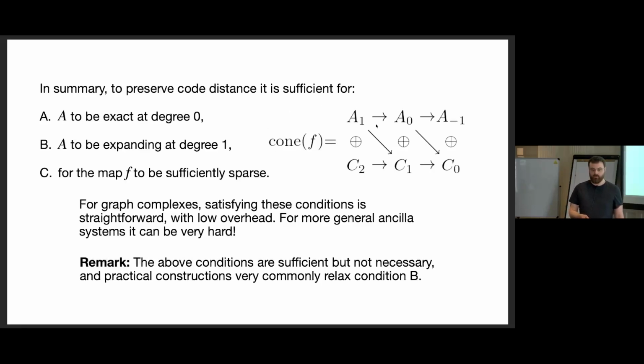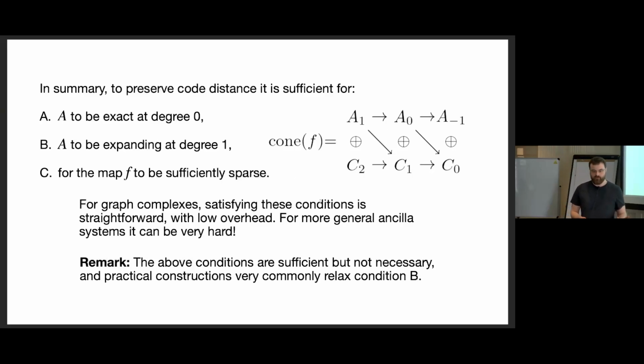And you want your chain map to be sufficiently sparse. This is partly because you want to preserve the LDPC property, because otherwise there's no point in doing LDPC surgery at all. And partly because if this is a more dense matrix here, then you could end up cleaning more support off here with each particular element.